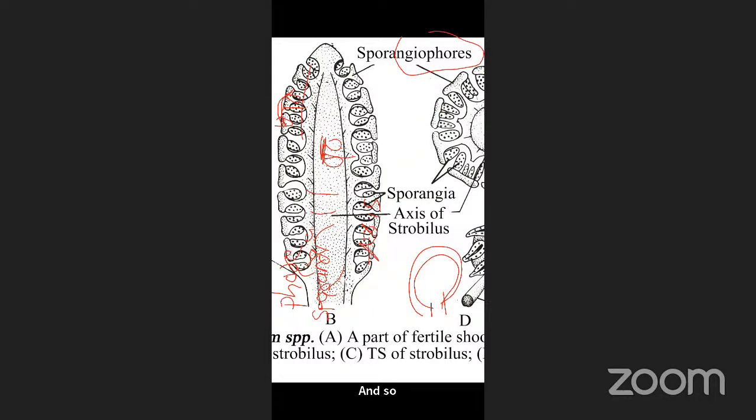This green shade over here is the probable structure of Equisetum. No, cone. Only this cone or strobilus, not a sporophyte, of Equisetum.